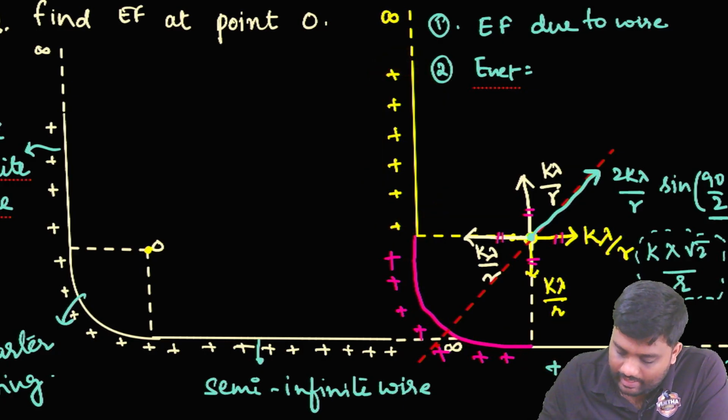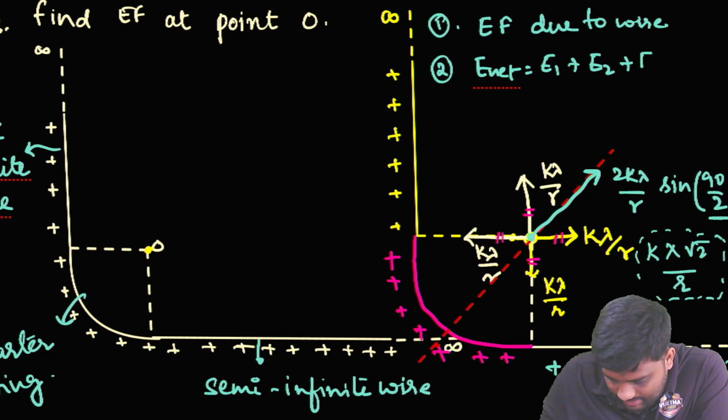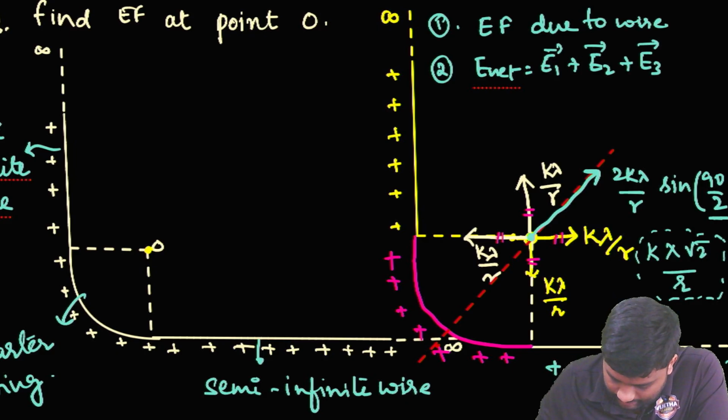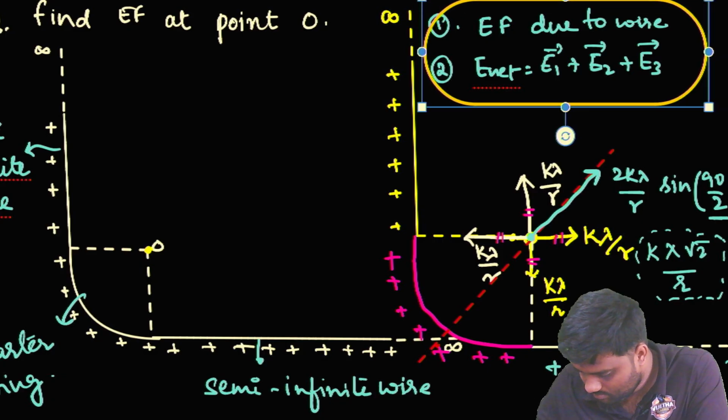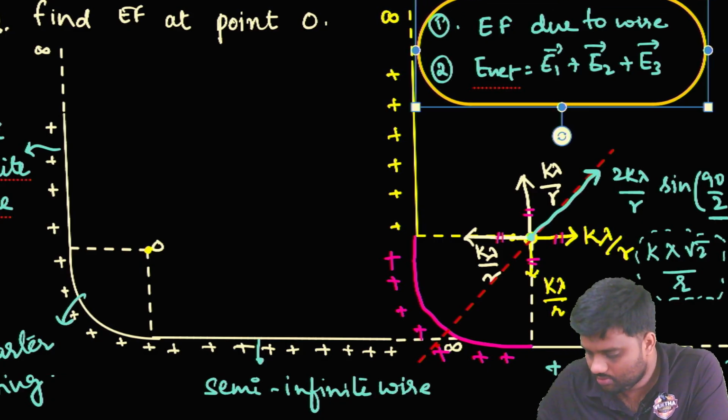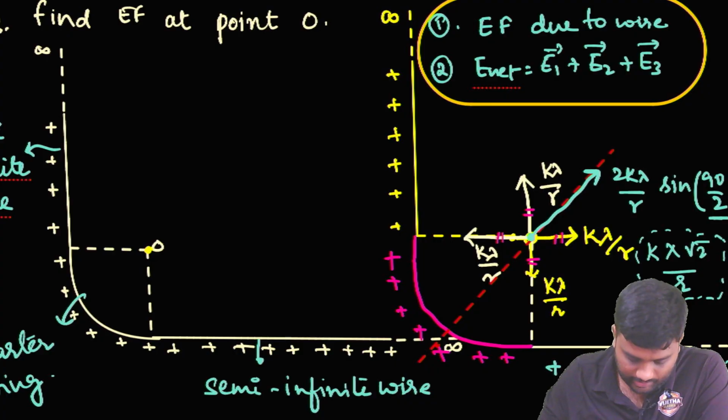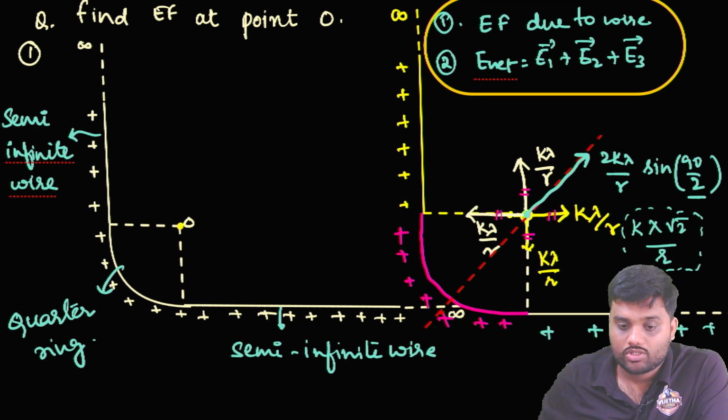That means net electric field is equal to E1 plus E2 plus E3. Vectorially you need to add. These are the things you just used. Got it? Understood now how to solve this?